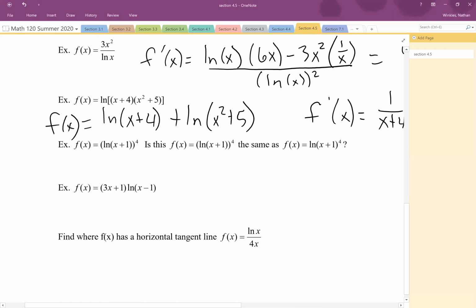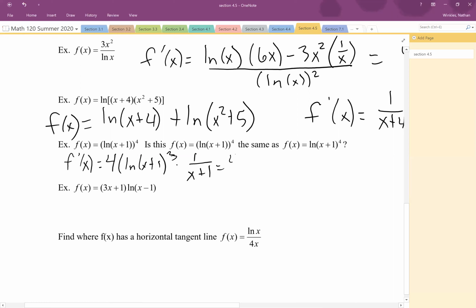So if we took their derivatives to see if their derivatives are equal, because that would tell us if their functions are equal. So the derivative here is 4 times ln of x plus 1 to the 3rd times 1 over x plus 1.